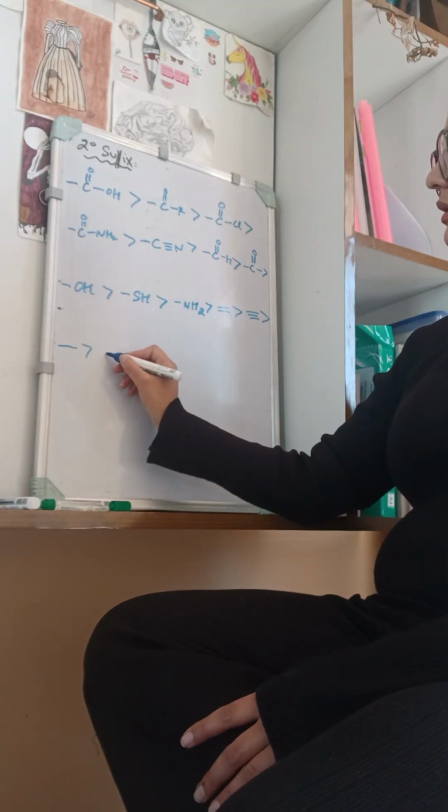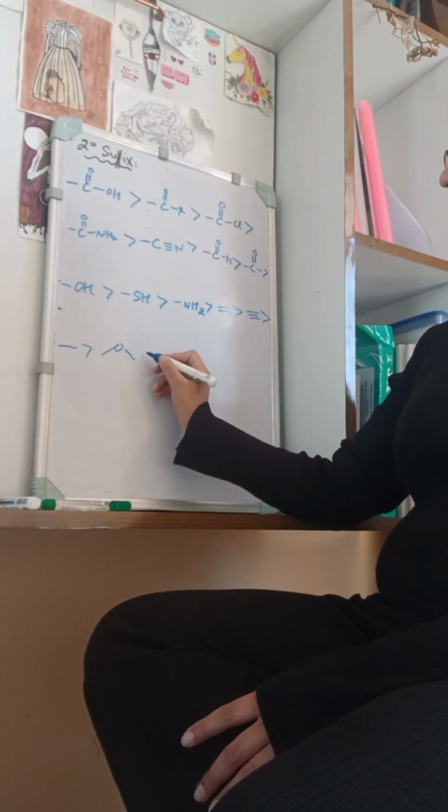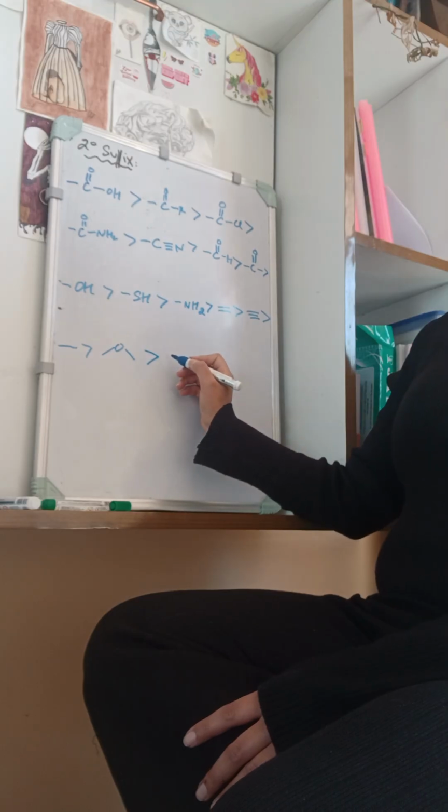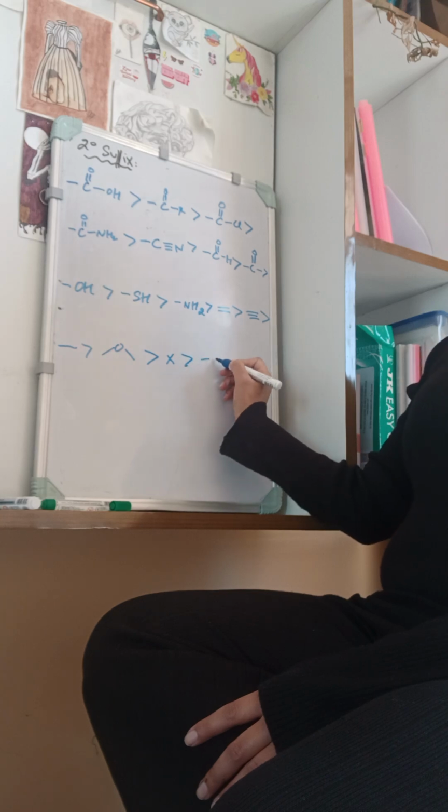We have ether, and then we have halogen and NO2.